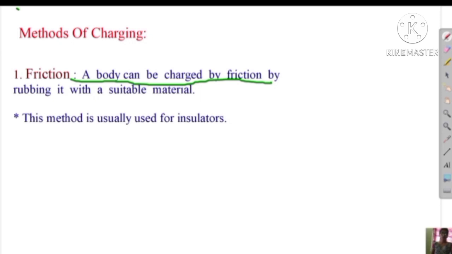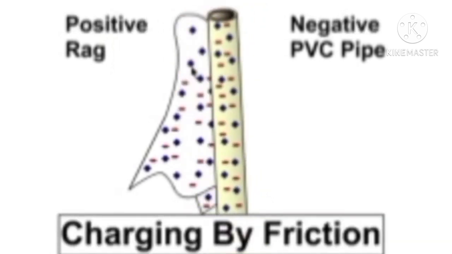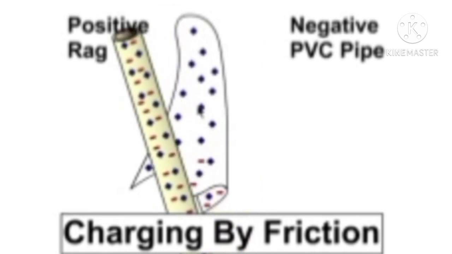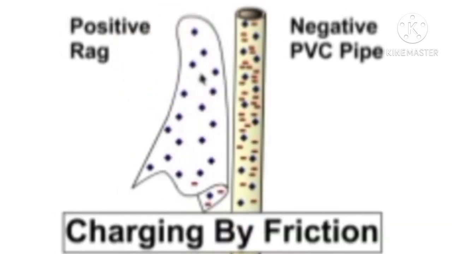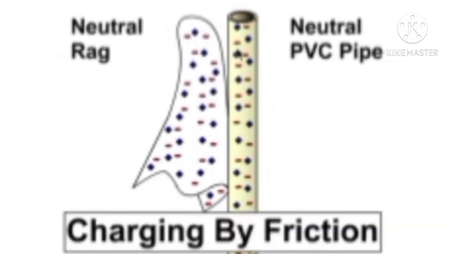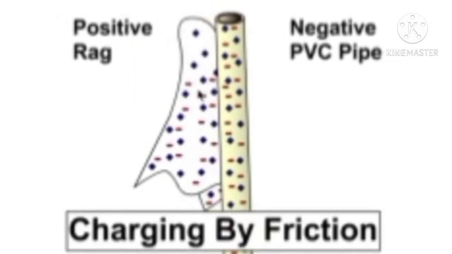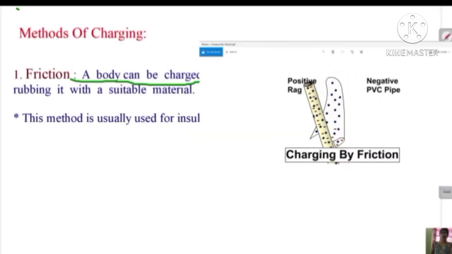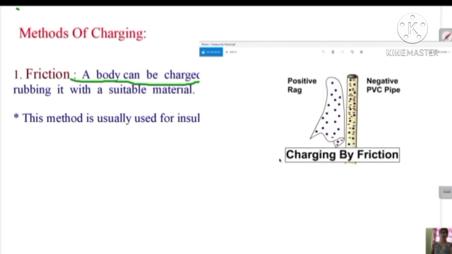Now you can see we have used two neutral bodies, which are a rag and a PVC pipe. When those bodies are rubbed against each other, what happens? The negative charge from the rag will go to the pipe, and hence the pipe will become a negatively charged body and the rag will become a positively charged body.